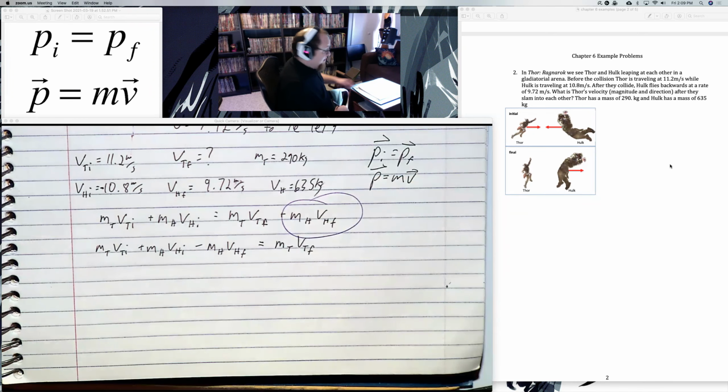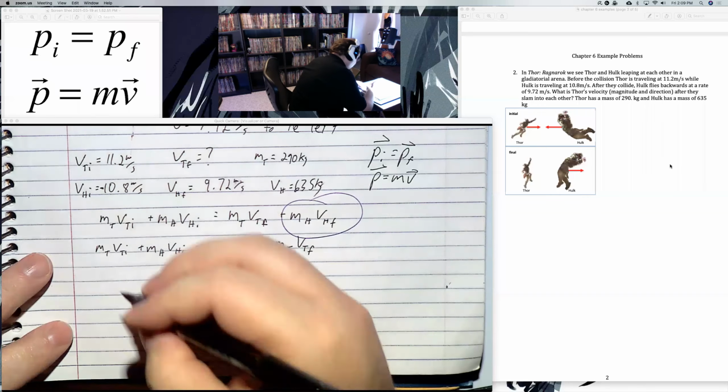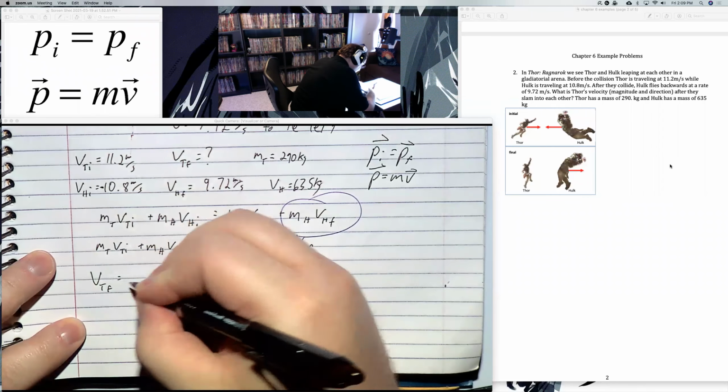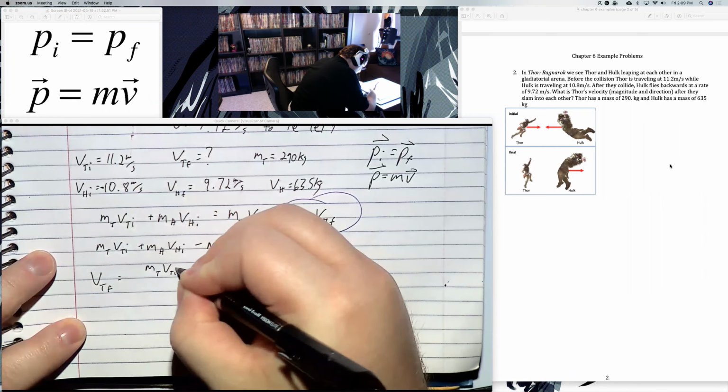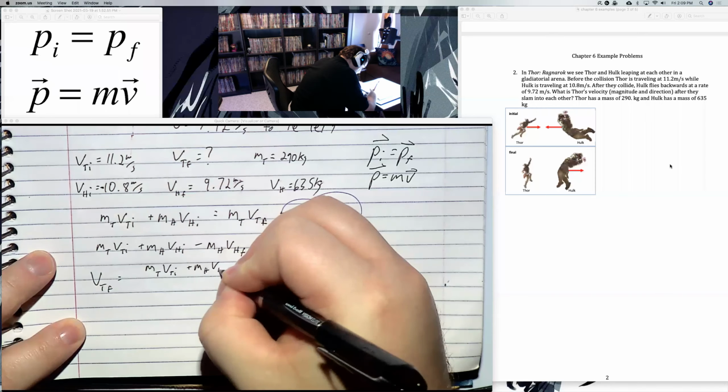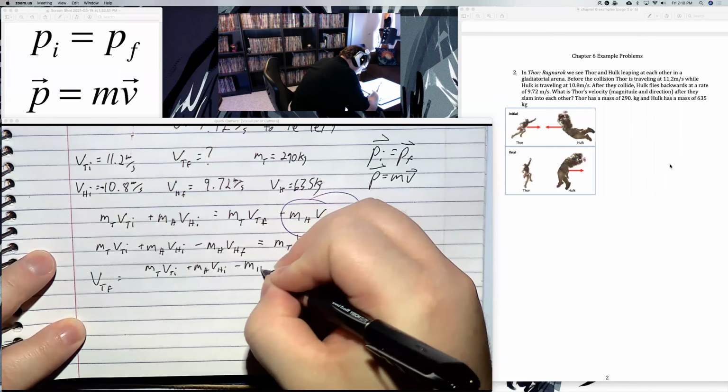What I can then do is divide both sides by Thor's mass and plug in some numbers.